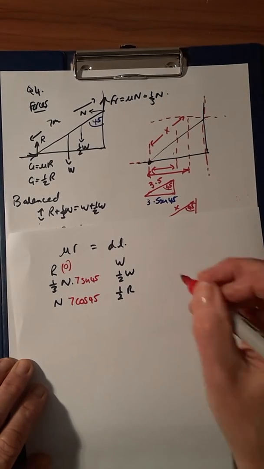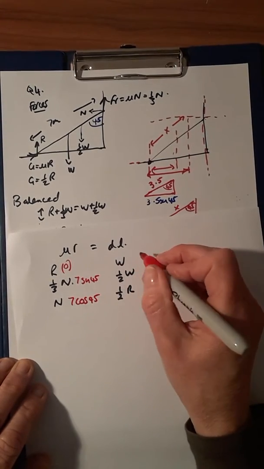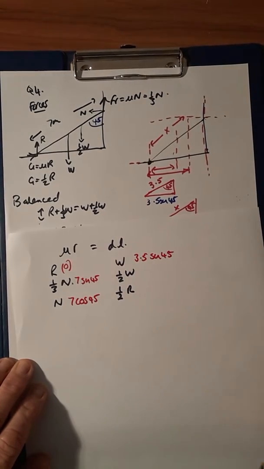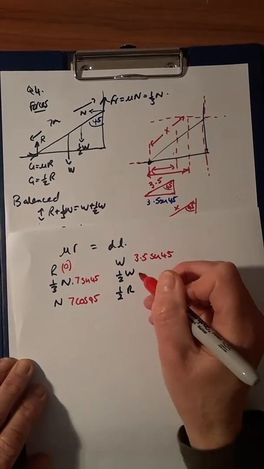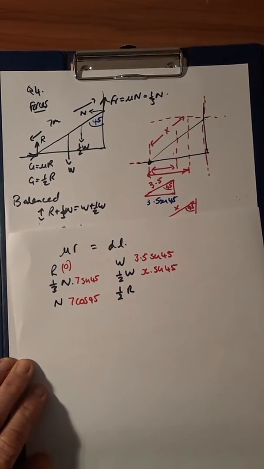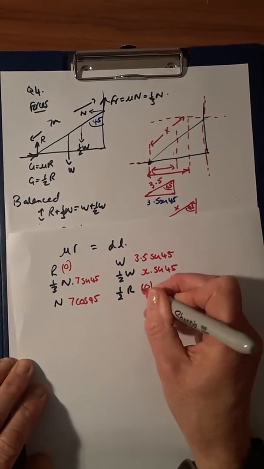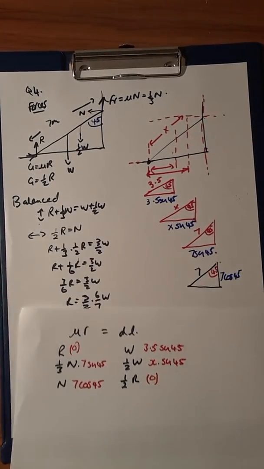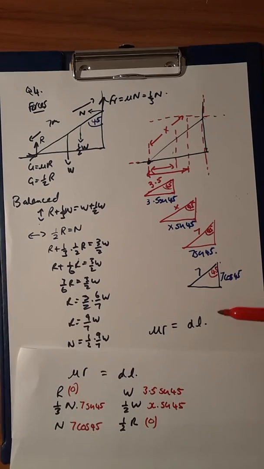The W is 3.5 sine 45. The half W is X times sine 45, and the half R, of course, is W. So those distances, remember on that sheet now, match these distances that we found earlier.